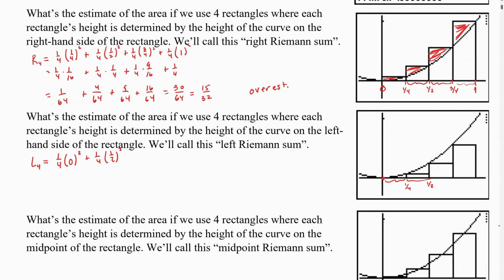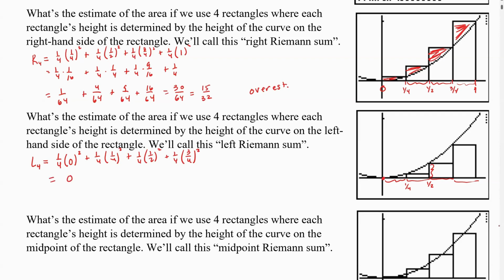1/2 squared tall. Nope, I'm sorry, I'm using the left-hand estimate. 1/4 wide, and 1/4 tall. And I've got my third rectangle, and again, using the left-hand side to determine the height, 1/4 wide and 1/2 squared tall. And then my last rectangle is 1/4 wide, 3/4 squared tall.